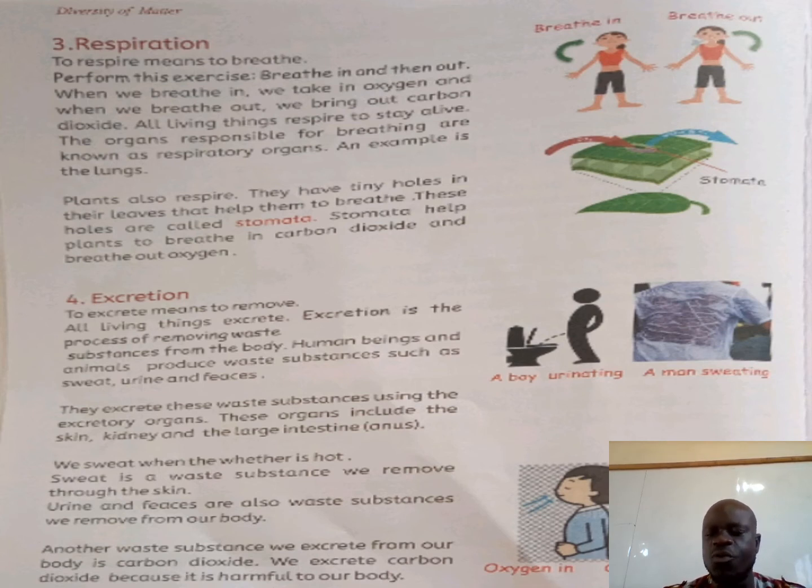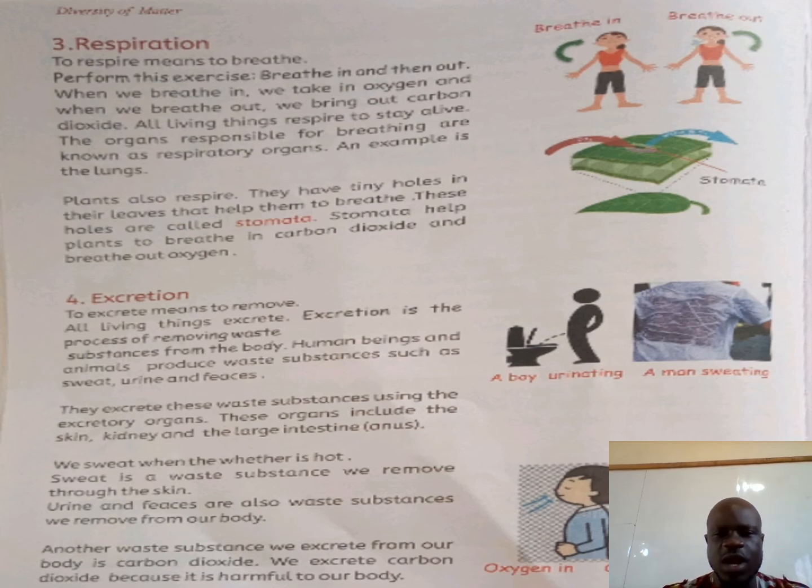An example is the lungs. Plants also respire. They have tiny holes in the leaves that help them to breathe. These holes are called stomata. Stomata help plants to breathe in carbon dioxide and breathe out oxygen.